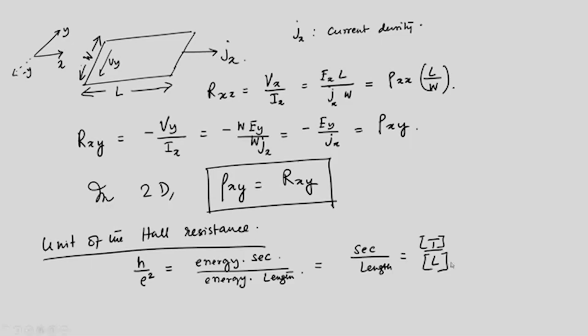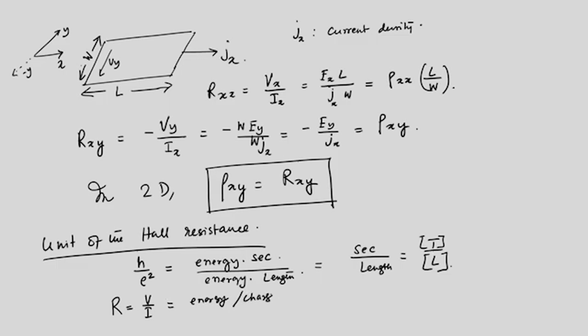And similarly, this R, which is V over I, has energy over charge, so voltage is potential energy divided by the charge.